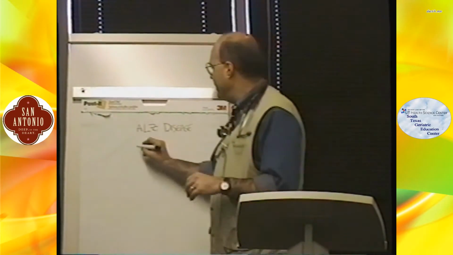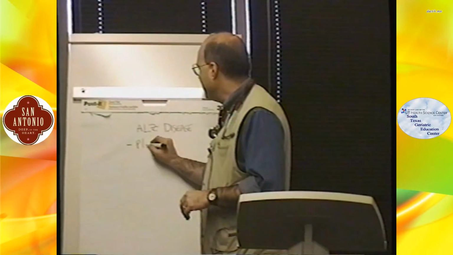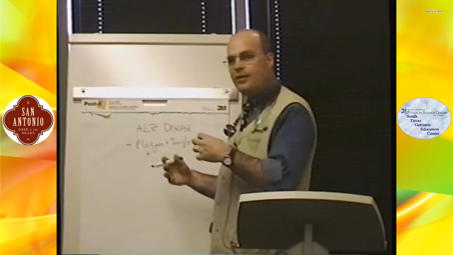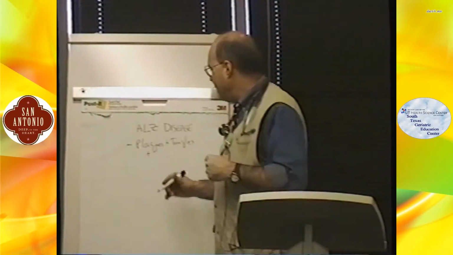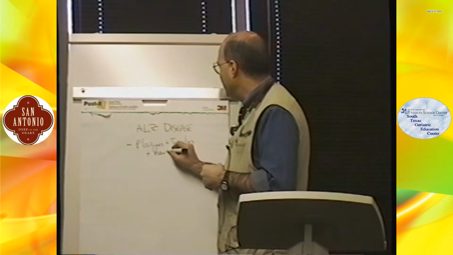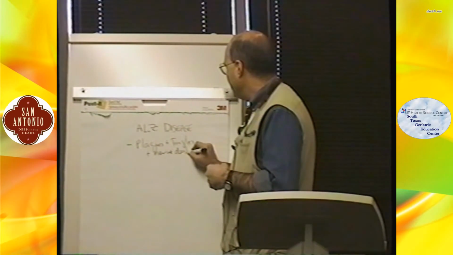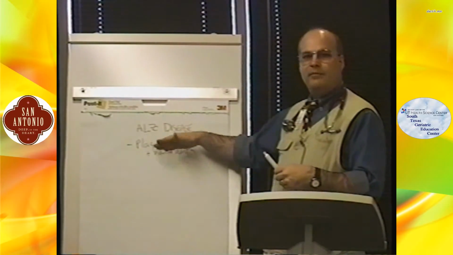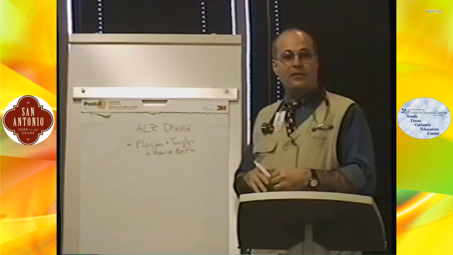You have these things called plaques and tangles inside the nerve cells in the brain, which leads to nerve death. Okay? So that's what the disease is histologically.